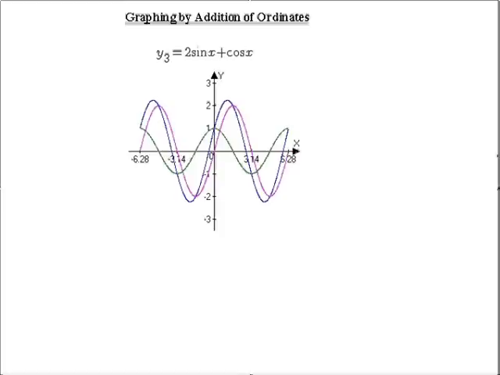Now, the title of this is Graphing by Addition of Ordinates. What does that mean? What does that word ordinate mean? Well, somewhere back in your memory, hopefully, of discussions about the coordinate plane, and in particular discussions about this ordered pair that we usually represent with x and y.